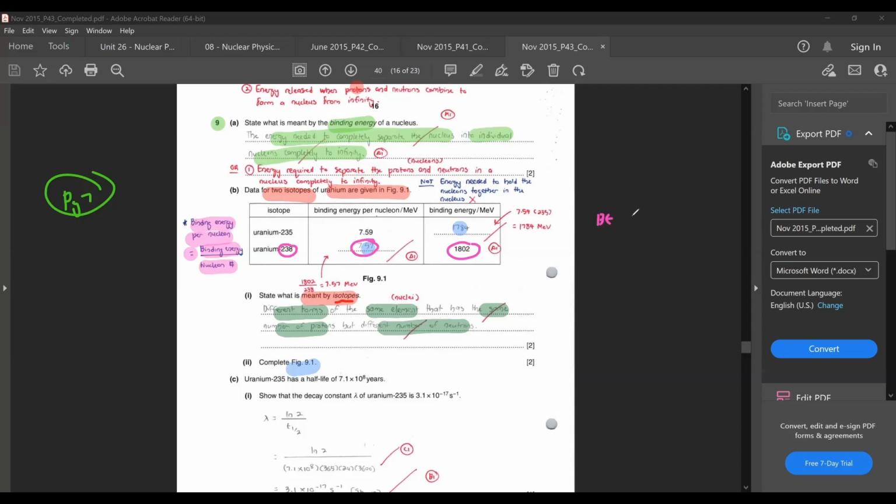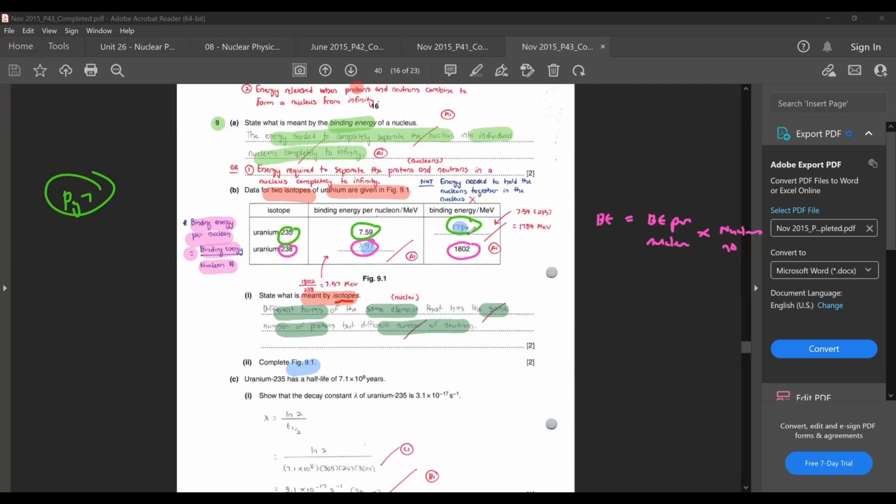But if you want to get BE, binding energy itself, you take BE per nucleon times your nucleon number. So in your case, this one is binding energy per nucleon, multiply with nucleon number, you will get your binding energy.